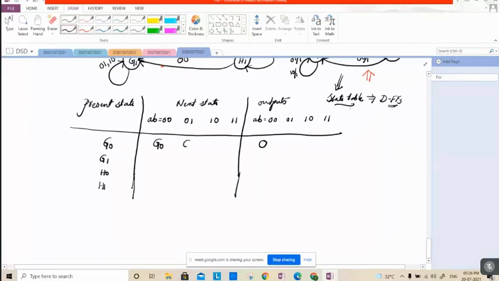G1, output 1. For 10? G1, output 1. For 11? H0 and 0.